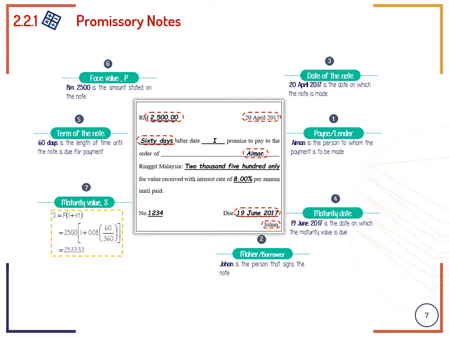Therefore, the maturity value of the note is equal to 2,533 ringgit 33 cent. 2,533 ringgit 33 cent is the total sum of money that Aiman will receive on the 19th of June 2017.